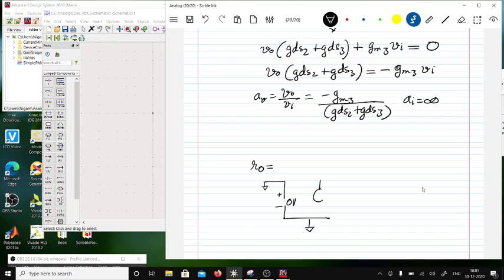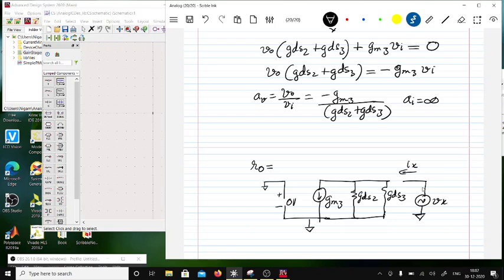That's a small signal voltage. Then the GM3 current, there will be no current drawn in this branch. And then what you have here is GDS2, and then you have GDS3, and then you attach here a small signal voltage Vx, which drives in a current Ix. Now the Ix is only flowing through these two combinations, not through here.